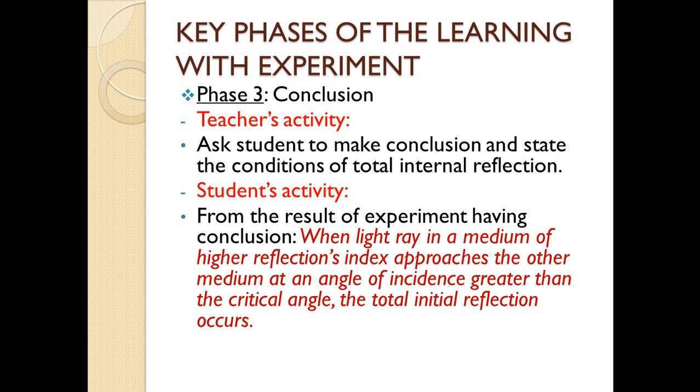From the result of the experiment, students will conclude: when a light ray in a medium of higher refraction index approaches the other medium at an angle of incidence greater than the critical angle, total internal reflection occurs. In this situation, all light rays will be reflected and no refraction occurs.